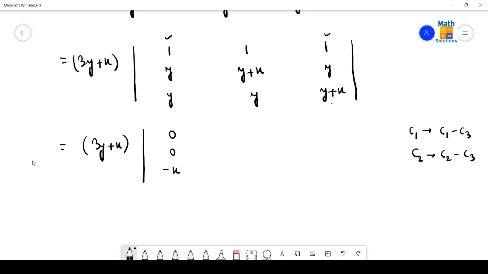For C2 minus C3, after subtraction we get 0, then k, then minus k along this column. The third column is to be kept as it is, with no change.